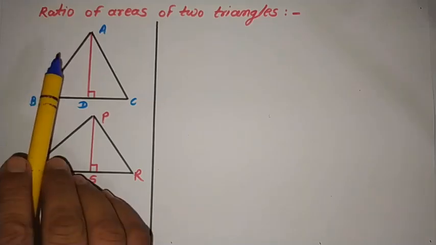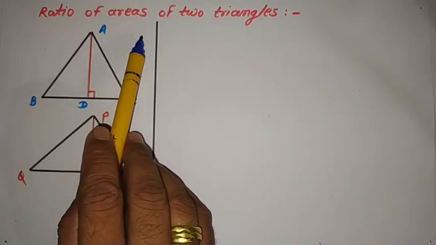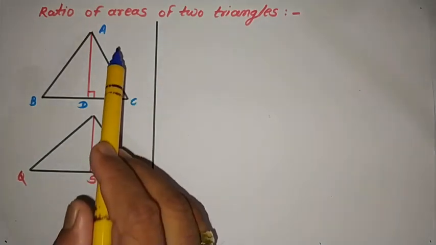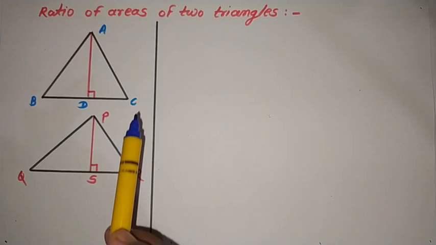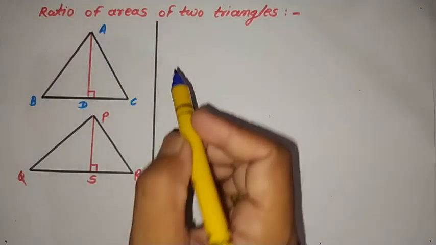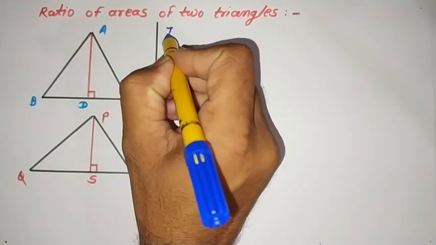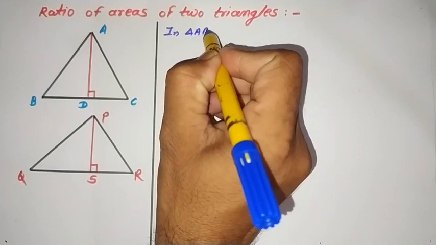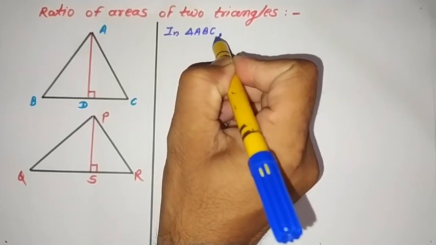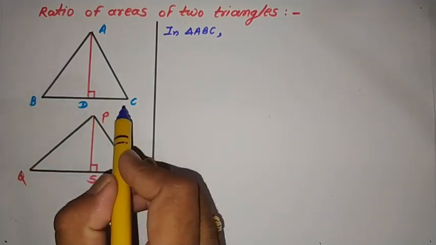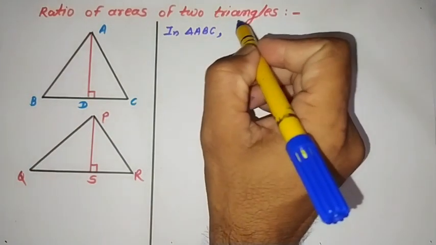Let's see the next point: ratio of areas of two triangles. In the first figure, in triangle ABC, segment AD is perpendicular to segment BC.